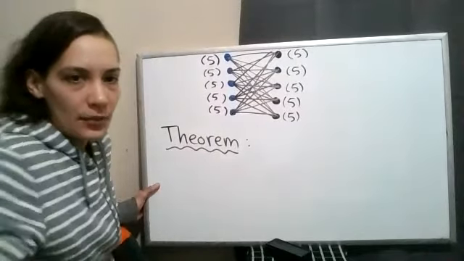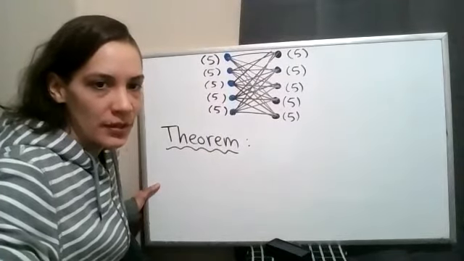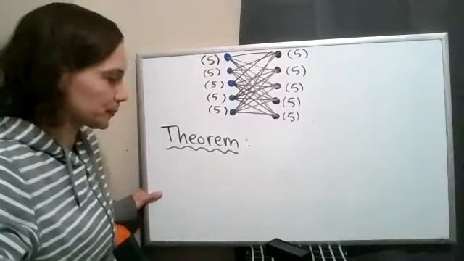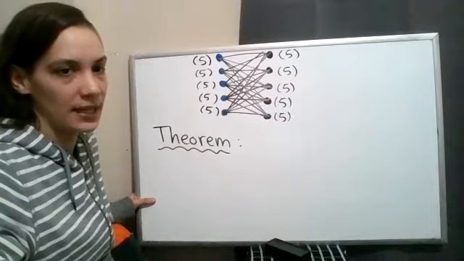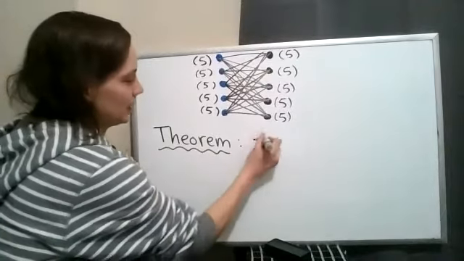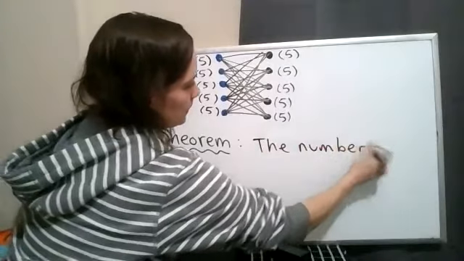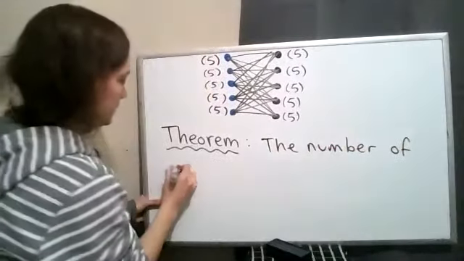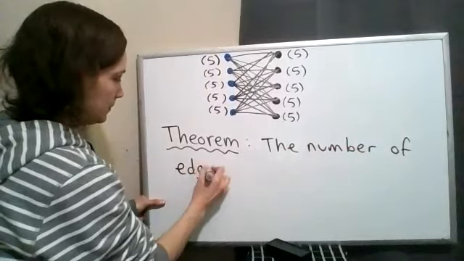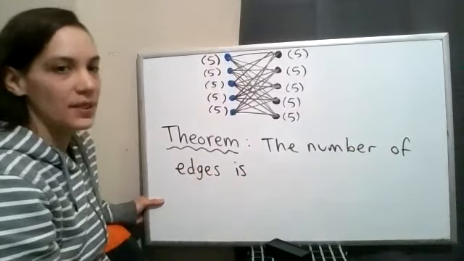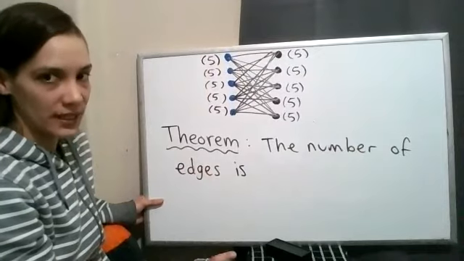So there is a relationship between the sum of the degrees of all vertices and the number of edges. The relationship is that the number of edges is half of the sum of the degrees of all vertices.